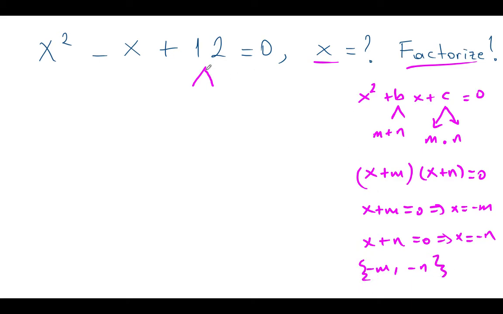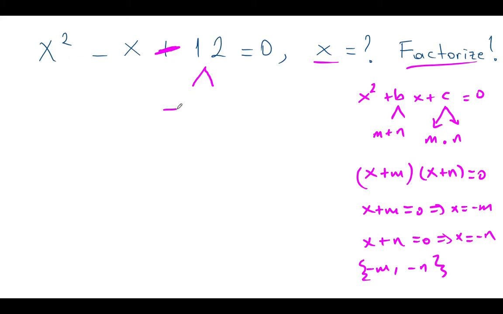So to solve our question, if we think of two numbers, their product is 12 and their sum is negative 1, how could it be? So it seems a little bit difficult, probably there's a problem in the question, we should say negative 12. Otherwise there will be problems. So let's say the question is x squared minus x minus 12.